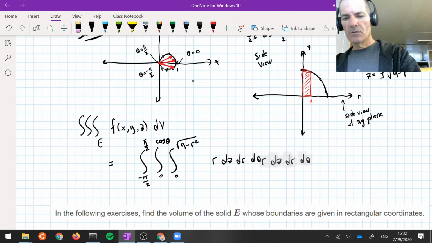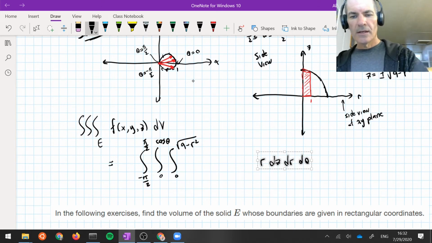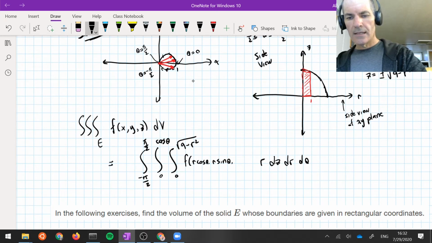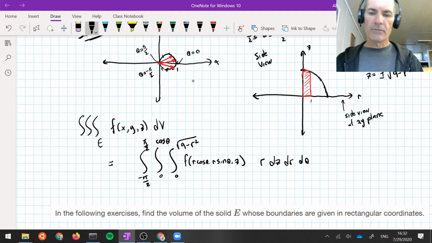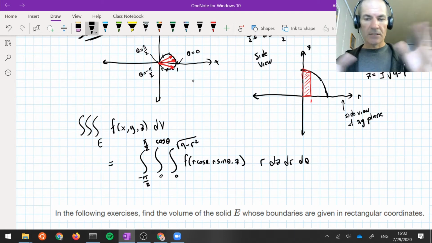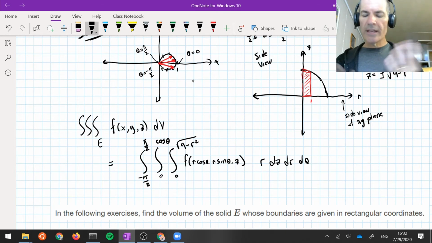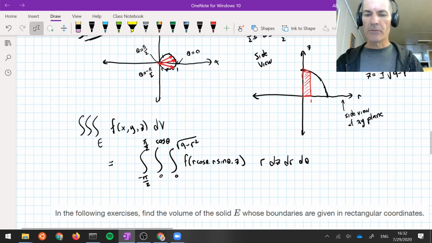So I'm just going to move this integrand out a little bit, and we'll say f of r cosine theta, r sine theta, and z. And that's how we convert f from rectangular coordinates x, y, and z to cylindrical coordinates r, theta, and z. And that's the integral. That's it. We're done. We can't do this integral because we don't know f explicitly, so we just leave it like this.